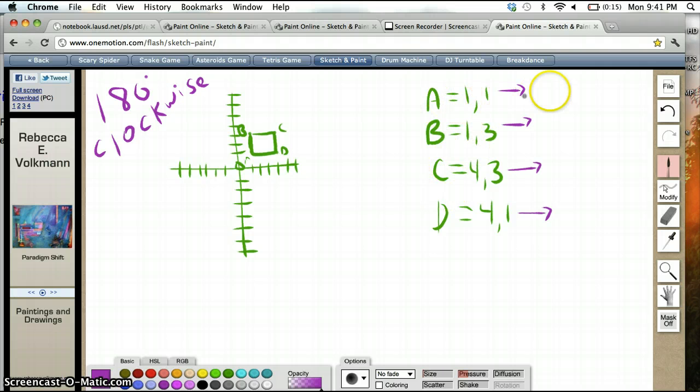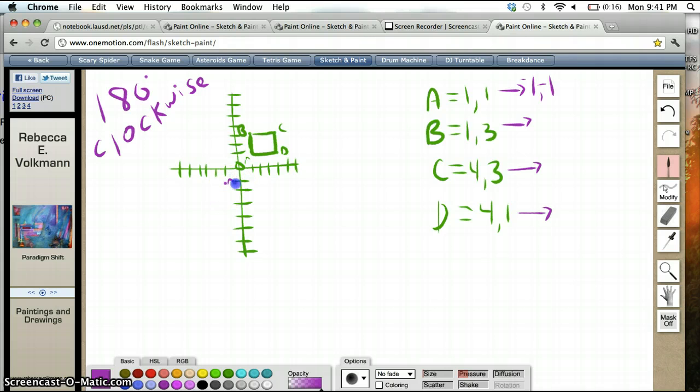So your new A point is still going to be 1, 1, but it's actually going to be 2 quadrants over. So 1 quadrant, 2 quadrants. So 1, 1. And then you're going to see, oh, those are both negative, so just go ahead and add in your negatives, and those are your new points.